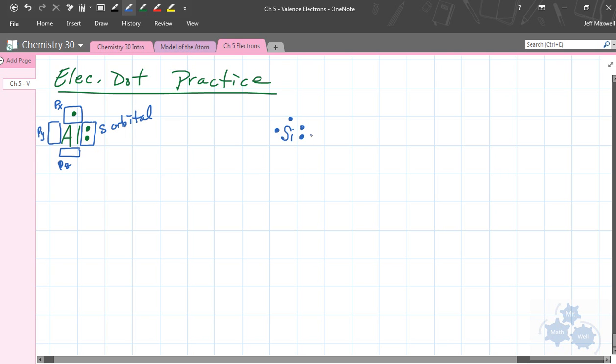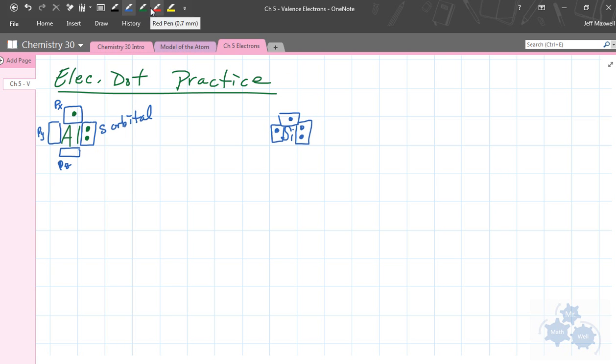Okay, silicon. This is an example of half-filled orbitals. If all the orbitals can be represented for the valence electrons, if all of the orbitals can be half-filled, that's actually preferred. It's kind of the lowest conflict.